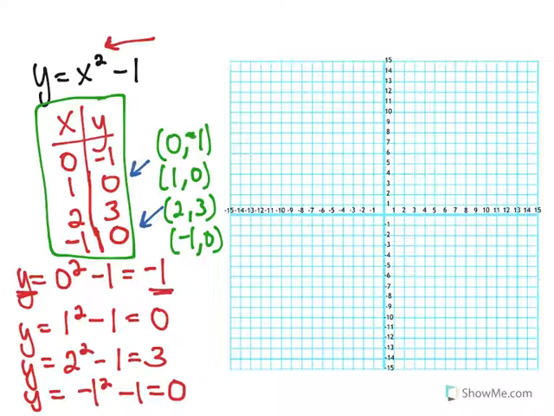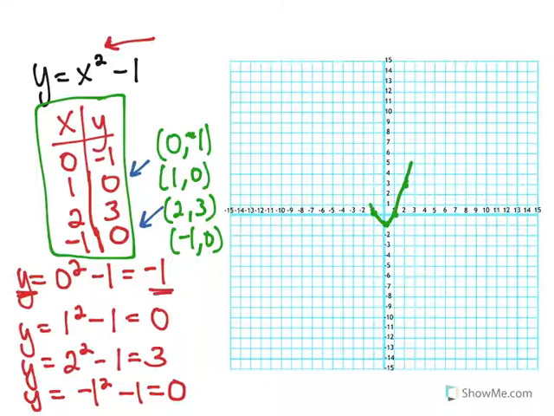So 0, negative 1, graph right there, 1, 0, 2, 3, and negative 1, 0.